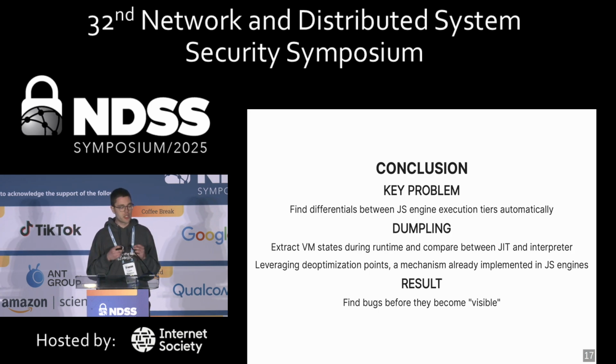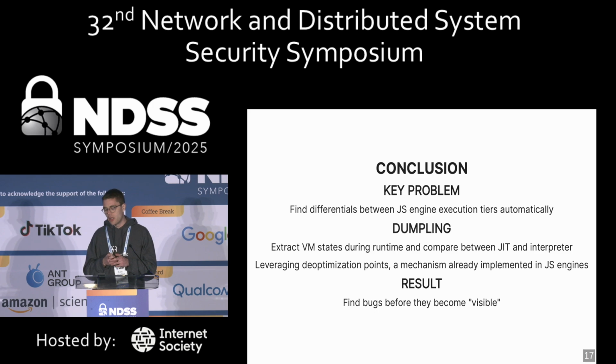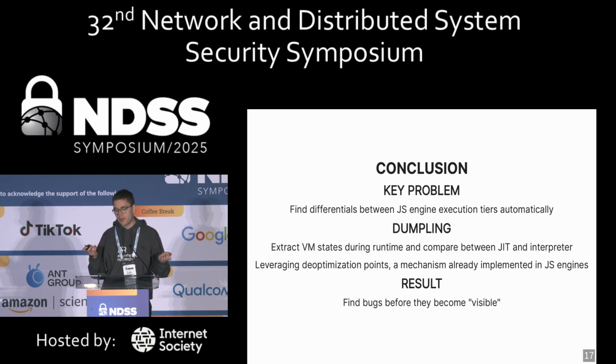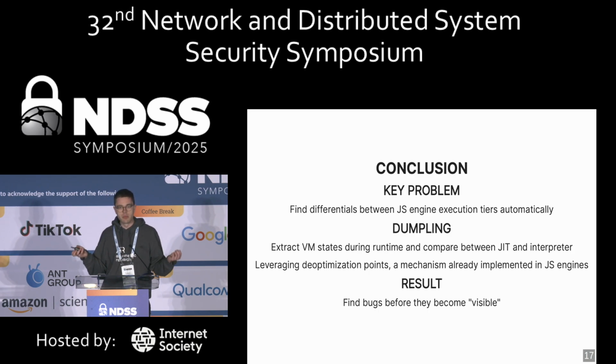We leverage a mechanism already in the JS engine, and not just a mechanism present in V8, but other JS engines also have this mechanism, to implement our bug oracle. And as a result, we can find bugs before they become so-called visible, you could say.